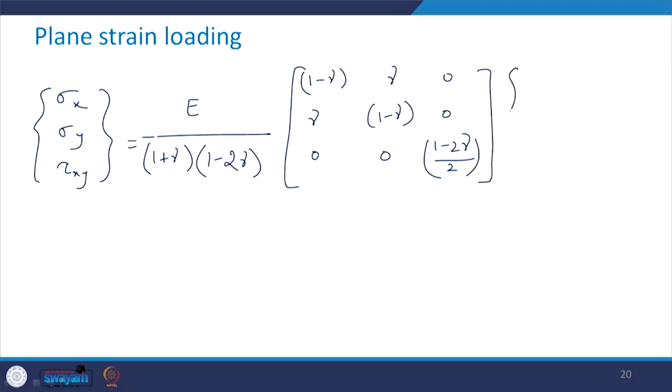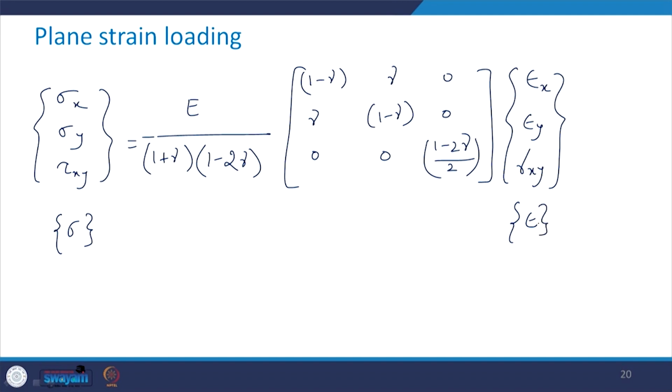And then here we will have the strain vector, that is epsilon x, epsilon y and gamma xy. So, this is the stress vector here and this is the strain vector.